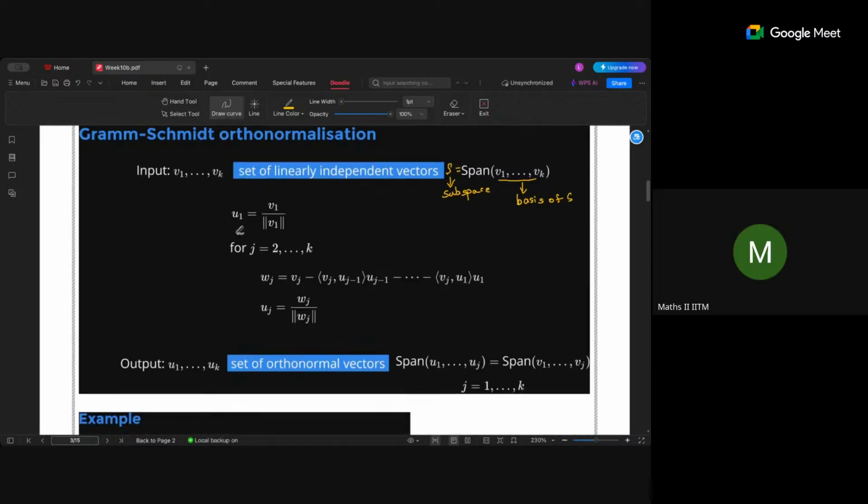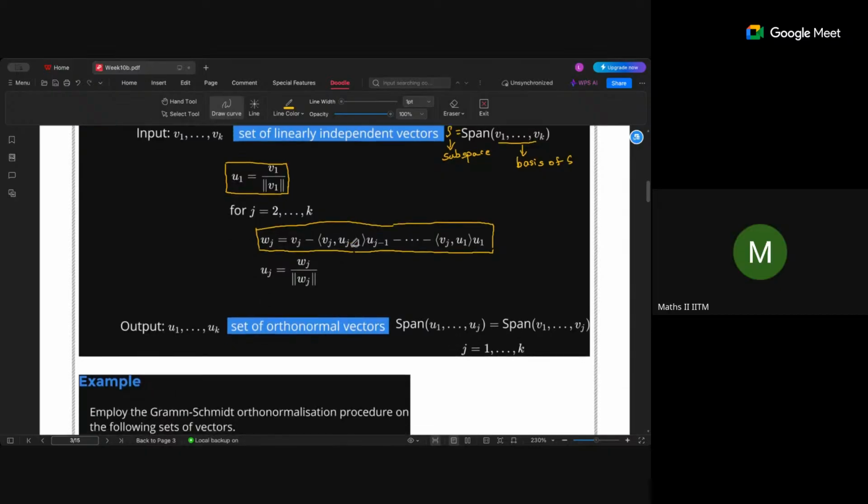Here is the formula. u1 equals v1 by norm of v1, and in general for any j, wj is vj minus its projections onto the earlier vectors. This is the orthogonalization, and then wj divided by its norm will give you the orthonormal vector. If you remember this formula, you can do the Gram-Schmidt orthonormalization.